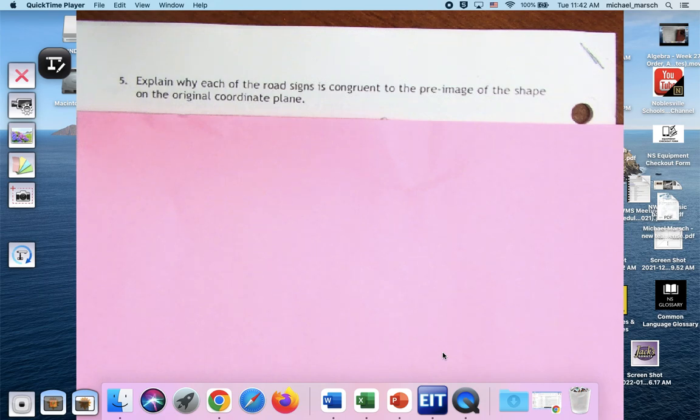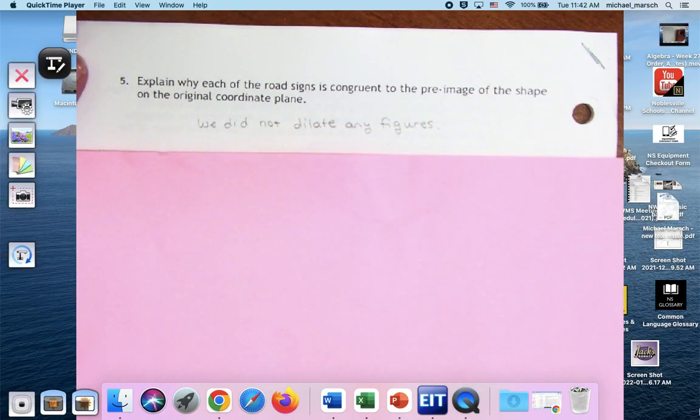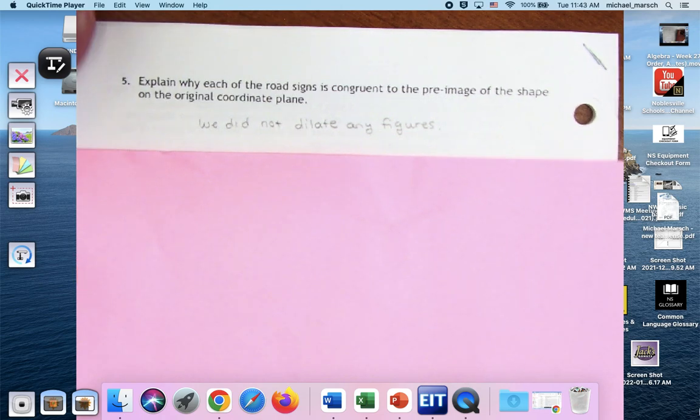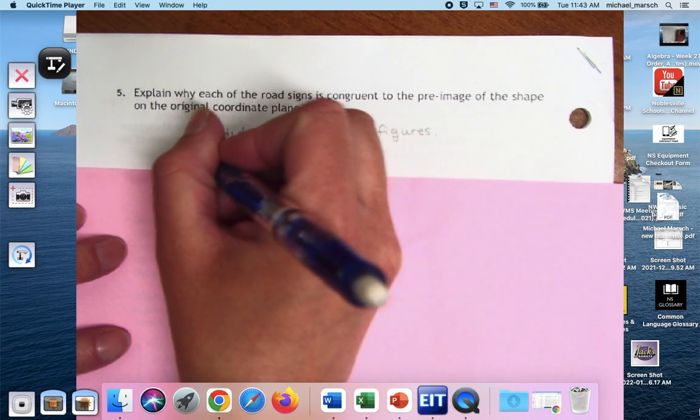It's like two shapes that are the same size and the same shape. Same size, same shape. I'm looking for same size, same shape. We did not dilate the figures, right?